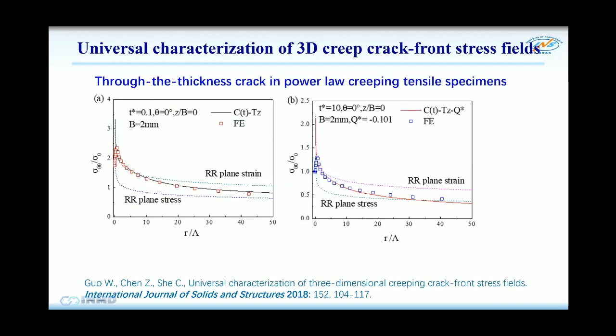So we see, for example, this is a through-thickness crack in a power law hardening tensile specimen. And this is a finite element result. And the line, this is plane strain, this is plane stress. And this is our three-dimensional solution.